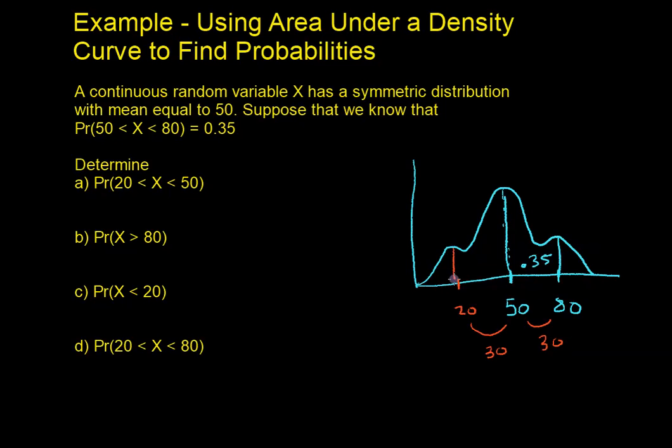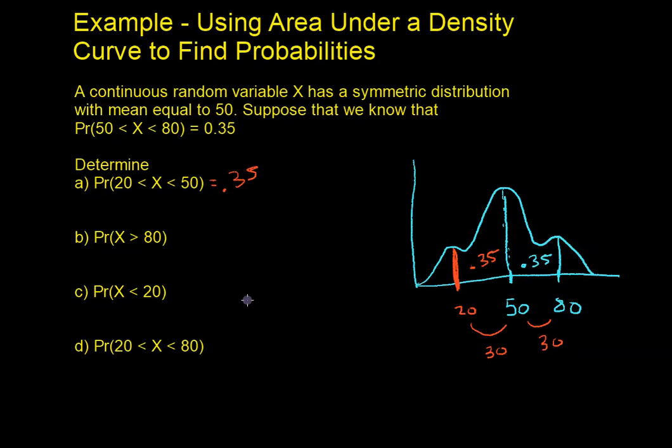And so since this distribution is symmetric, if that area is 0.35, this area must also be 0.35, because if you fold the distribution in half, it should be symmetric. So between 20 and 50, the probability must be 0.35.